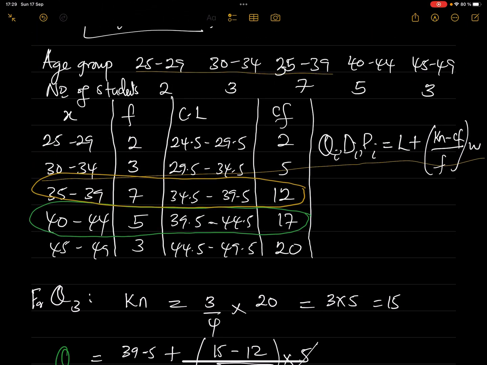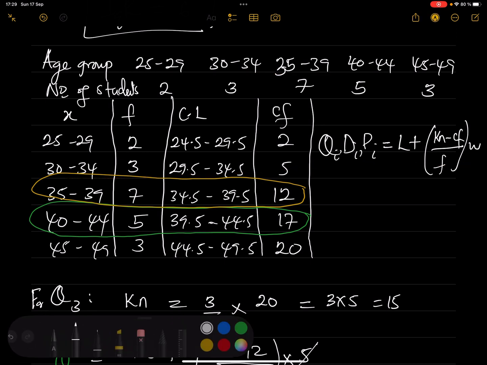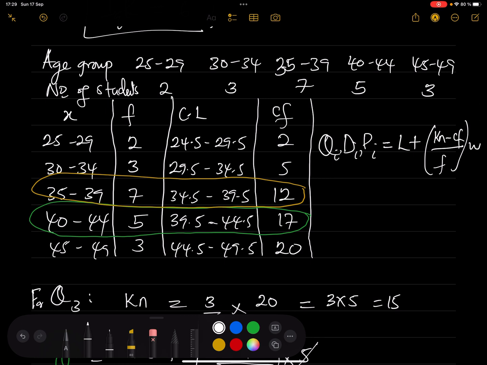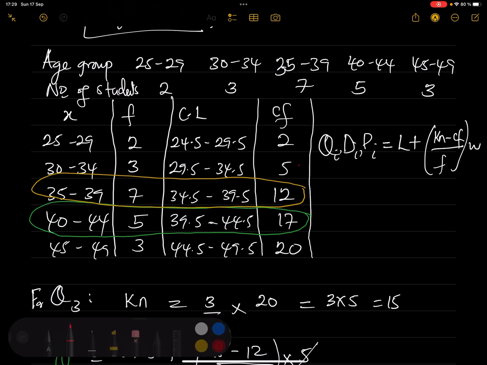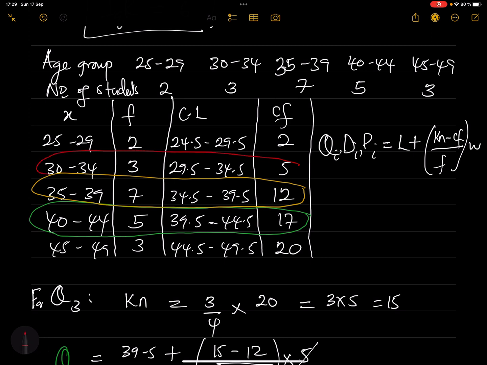So let's go to CF. Exactly 5, we have it here. Let me pick another color, this time red. So the location of interest for P25 is actually this one.